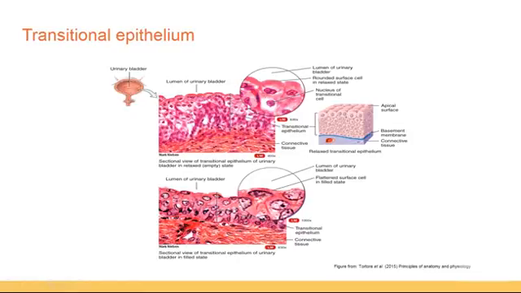So this epithelium has the capacity to stretch with the changing shape of the organ that it's related to, and it's a really unique feature of the bladder's epithelium. You can see that again we're looking at more than one layer of cells, as a protective feature.